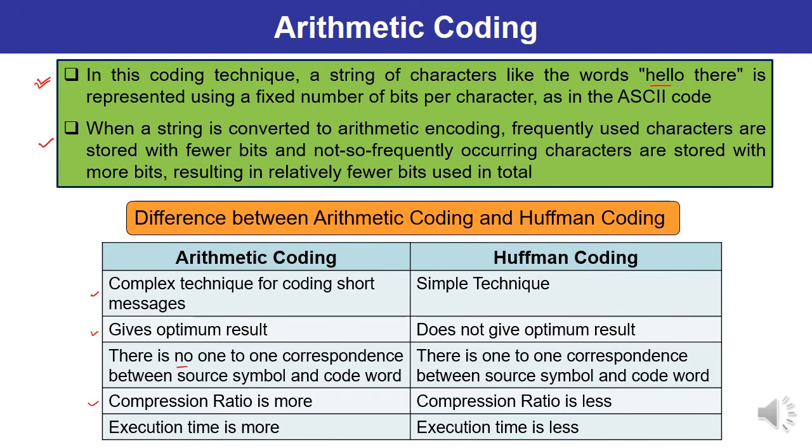In case of arithmetic coding, execution time, which is a very important factor, is more, while in case of Huffman coding, execution time is less. So I hope now you are able to differentiate between these two, and you can differentiate on the basis of a number of parameters.